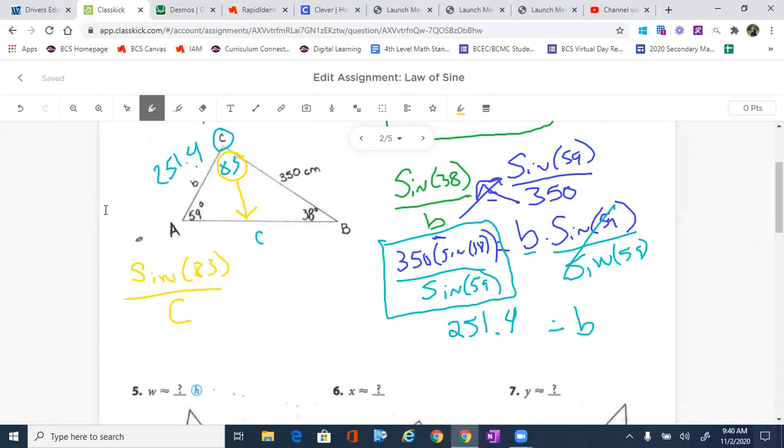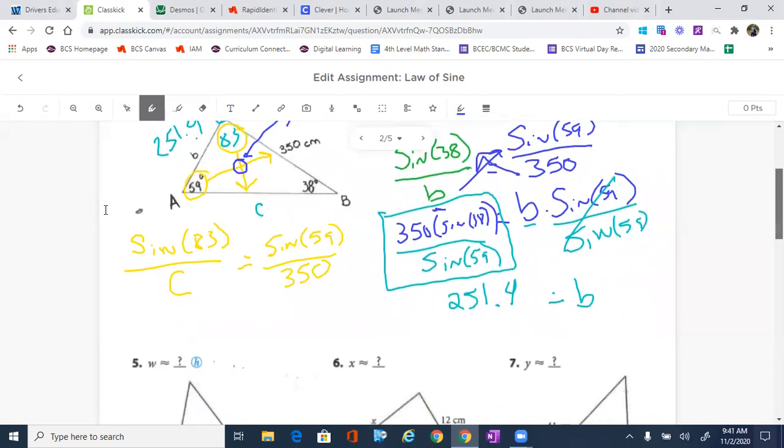Then I just have to pick an angle and a side that is a complete fraction. It does not matter which. I'm going to start with 59, and 59 is to 350, so sine of 59 over 350. One thing I want you to notice is that X in the middle of that triangle. That tells us it's the law of sine. It's just a nice reminder, even though we already started with it.